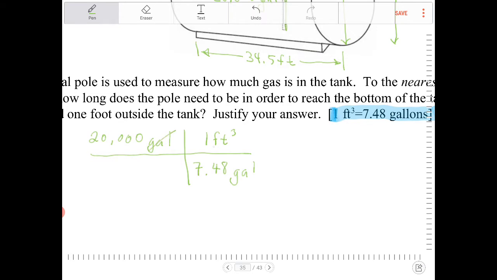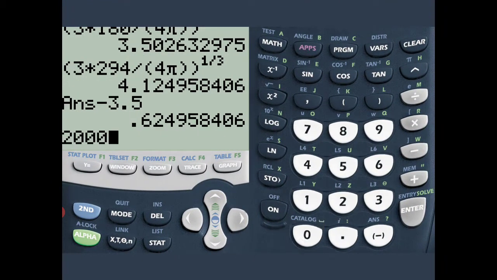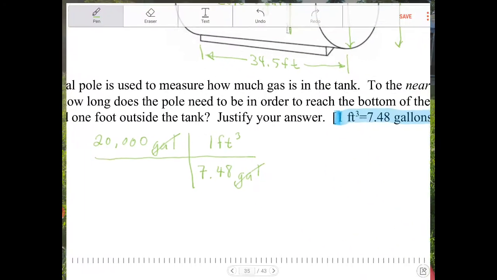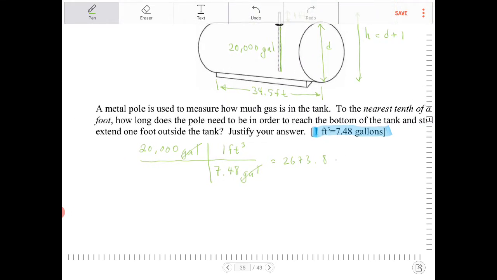Notice the gallons cancel. Now all I have to do is take 20,000 divided by 7.48. Going to my calculator, 20,000 divided by 7.48 is approximately 2673.8 cubic feet.